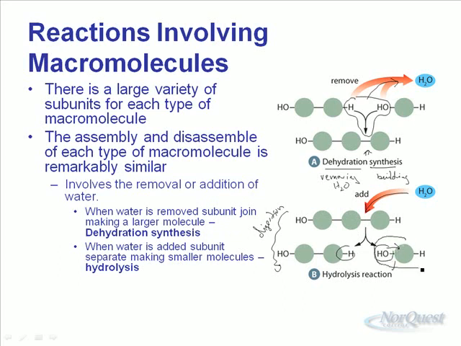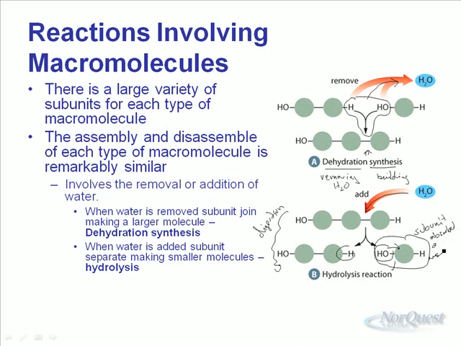And what this does here is, now look, we have a subunit. And this can now be absorbed by the body. It can be absorbed into our circulatory system, carried out to a cell, and that cell is going to use it to build its own macromolecule.